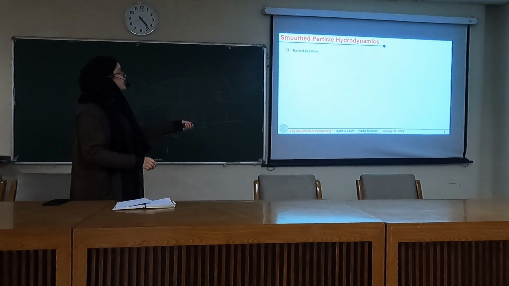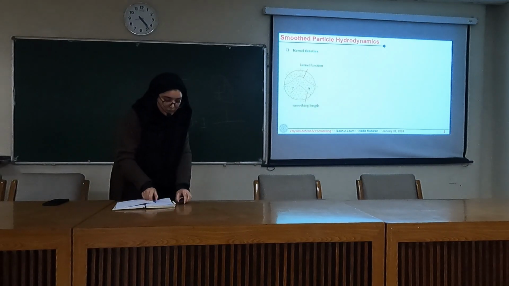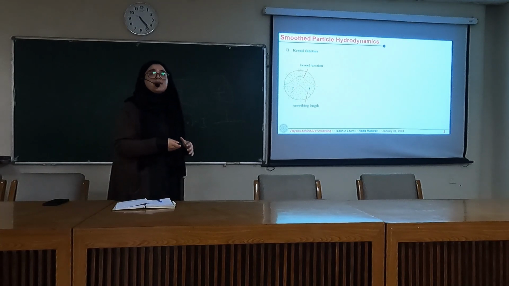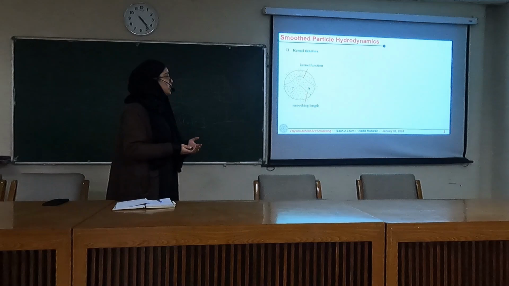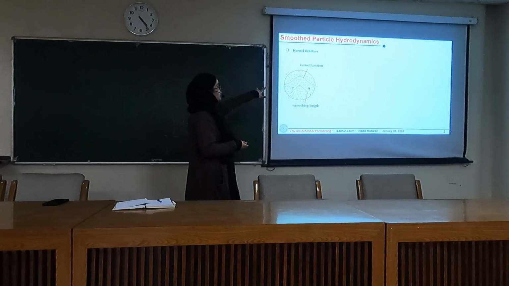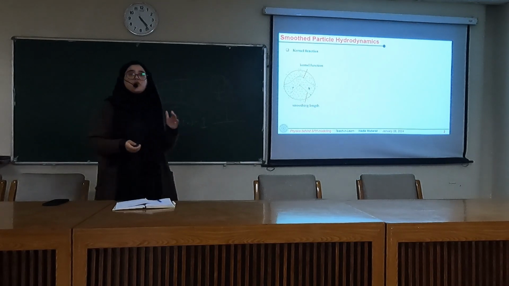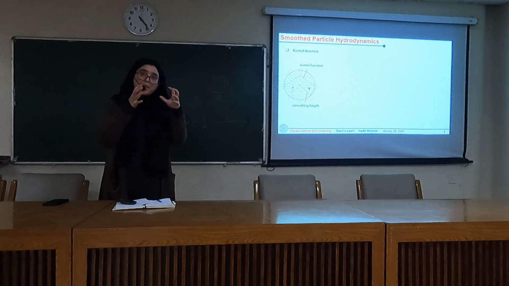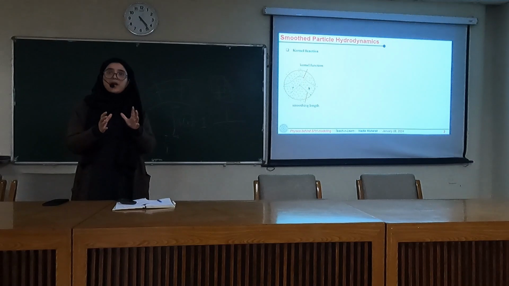In the next slide, you can see how it varies. It's not 0 in all places. Like I mentioned, it's a modification of the Dirac delta function. It is 0 at the ends of the support domain. The support domain is basically the close number of particles that the central particle will interact with.